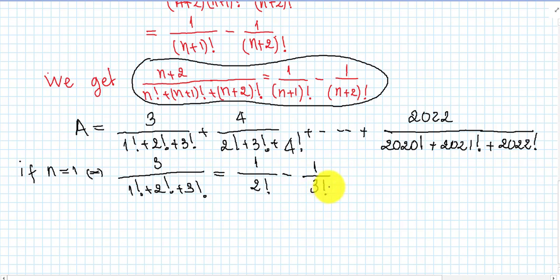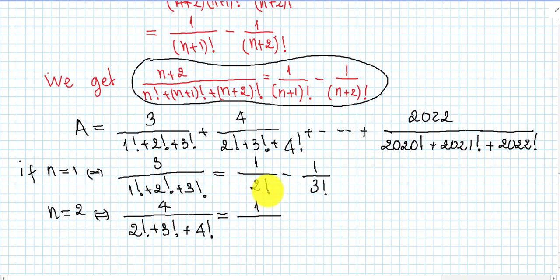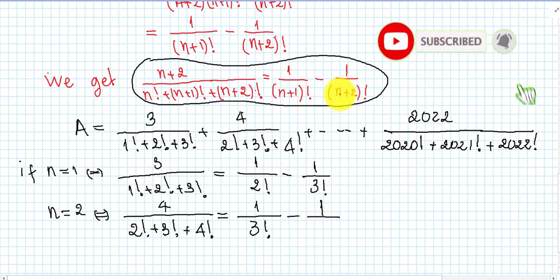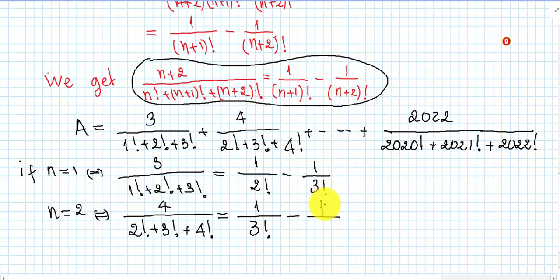Then if n equals 2, we get 4 over 2 factorial plus 3 factorial plus 4 factorial equals 1 over 3 factorial minus 1 over, replacing n by 2, 2 plus 2 equals 4 factorial.